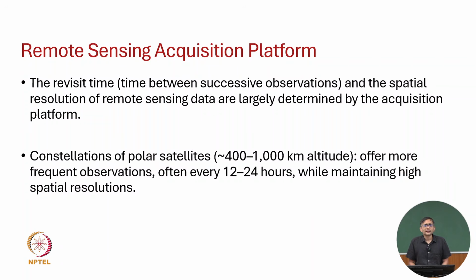And as you would have guessed, if one particular polar satellite can revisit in a particular number of days, you can use more of them, and you can have better coverage.